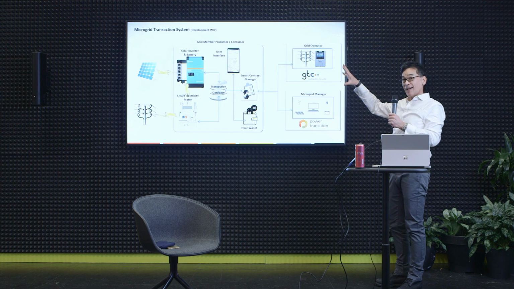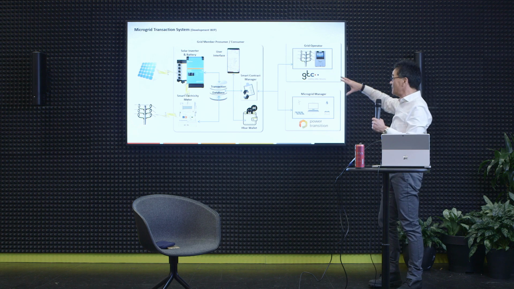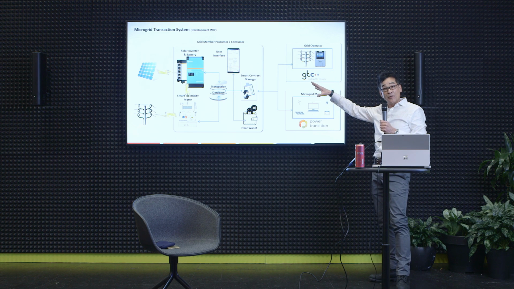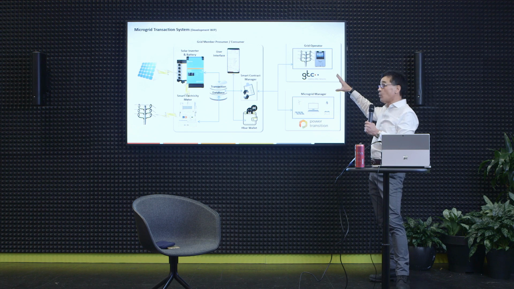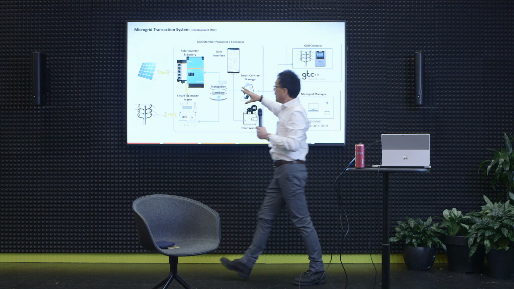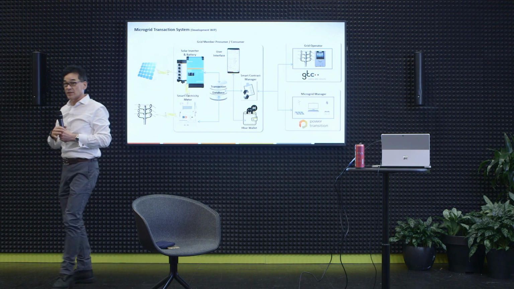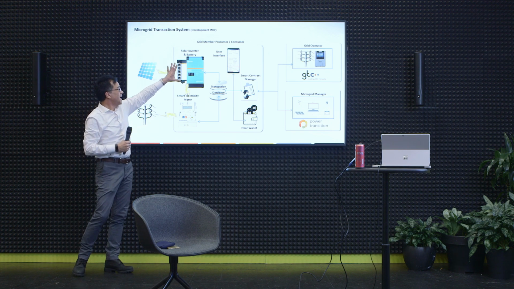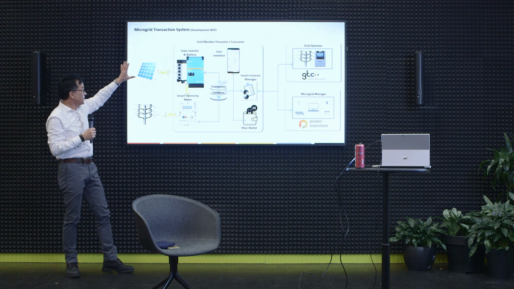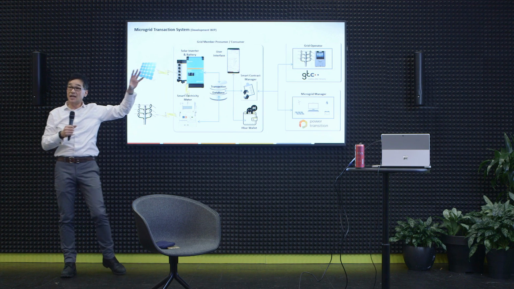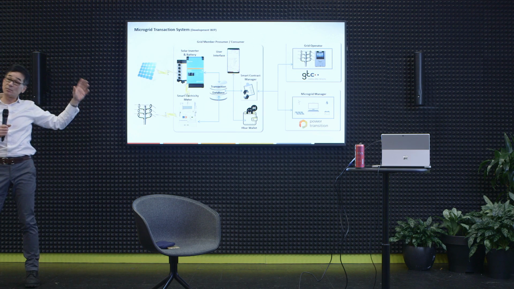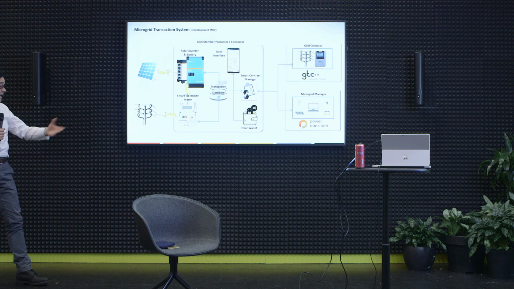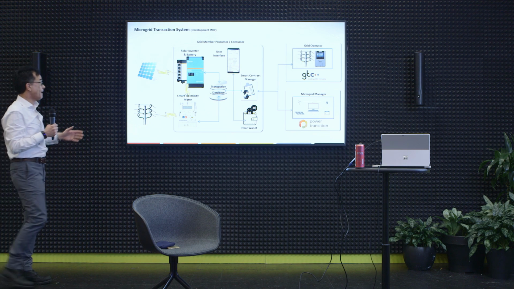This is that layer, the transaction layer, the top layer. Now, we're developing this on the Hedera SDK, and this is work in progress. So each of the homes is going to have a solar inverter. I don't know if all this jargon is of interest to you, but basically what it does is collect electricity. The inverter is responsible for charging the battery, or supplying electricity to the house.